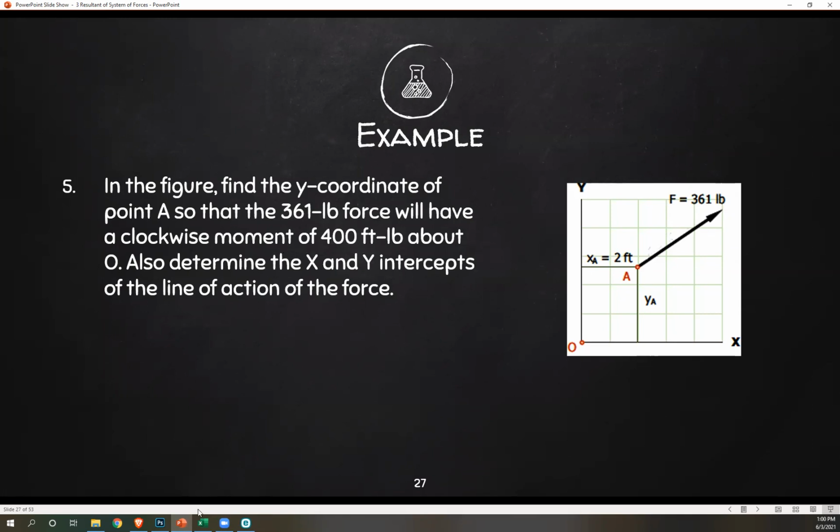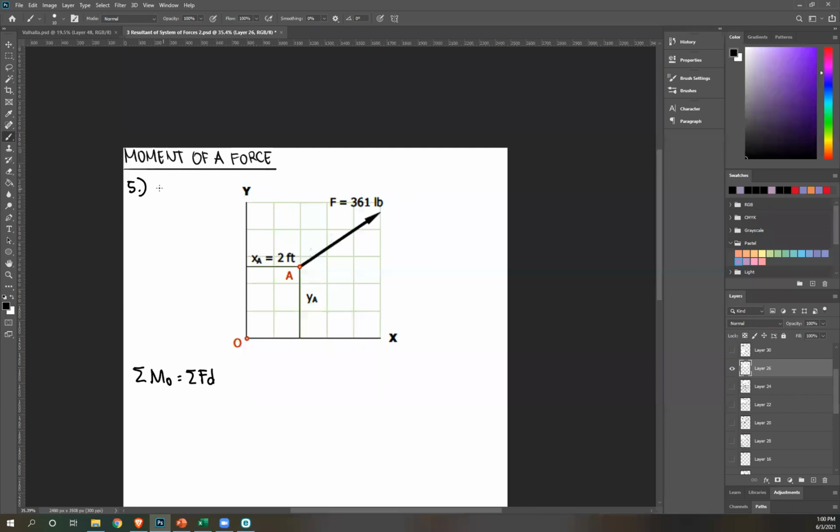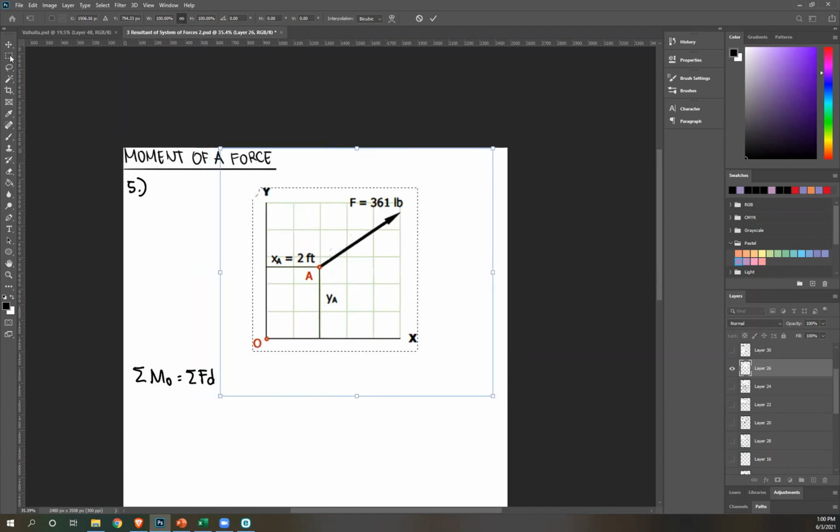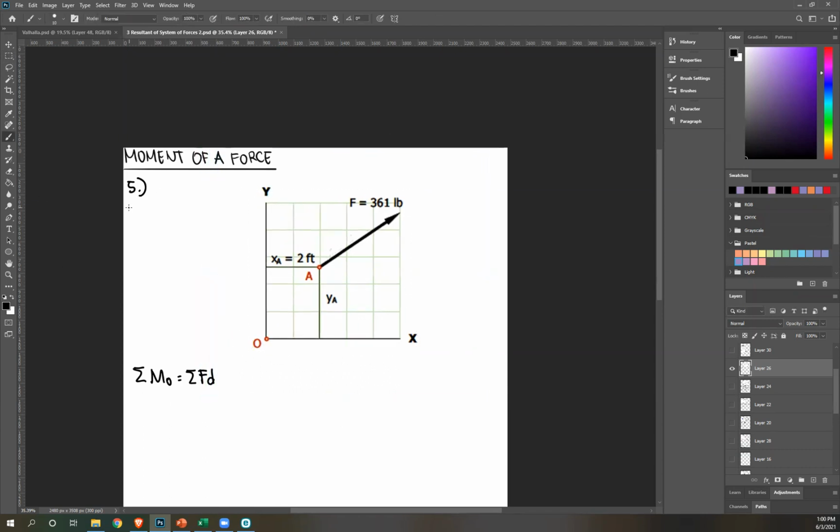Clockwise moment is 400 foot-pound. So given, okay, this is 400 foot-pound.